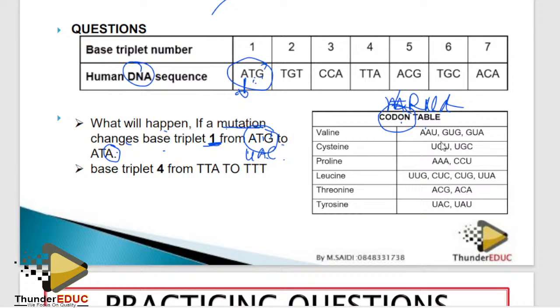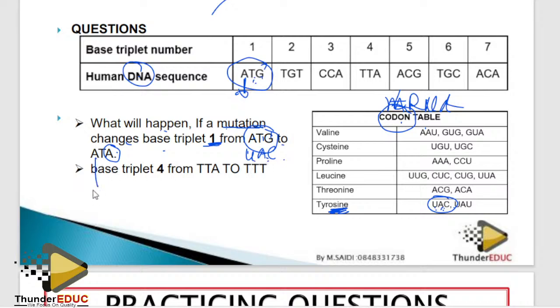I come here and look for AUC. UAC is tyrosine. So this is tyrosine.